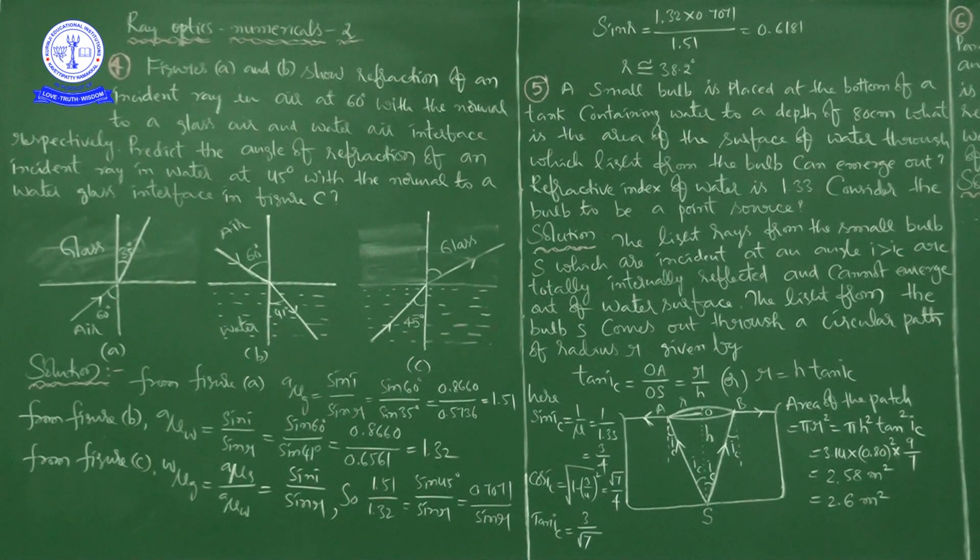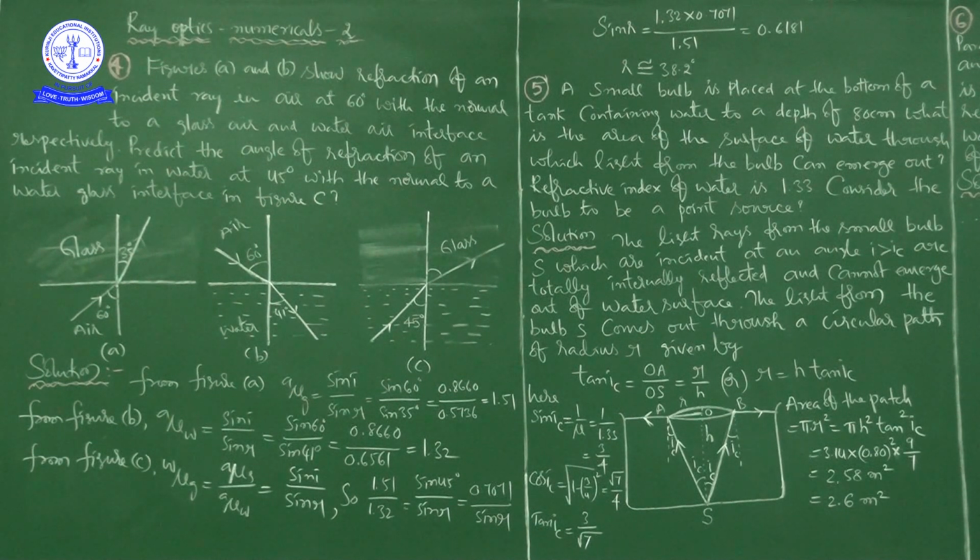In this problem they have given a situation, a small water tank, and here he kept a bulb. He is asking to find the area on the surface of water illuminated by this light. We found that using the formula mu is equal to 1 by sin c, and as usual the formula of area is pi r square.